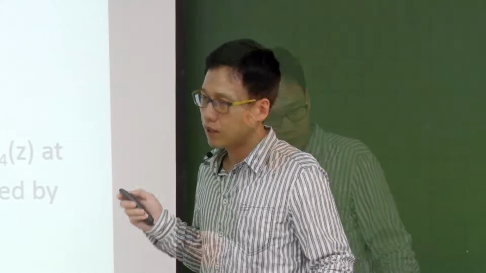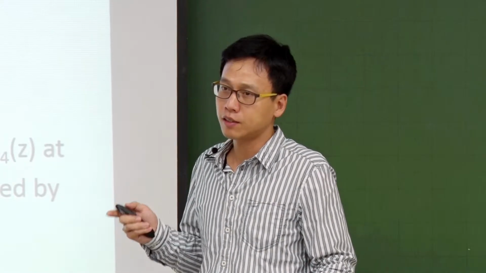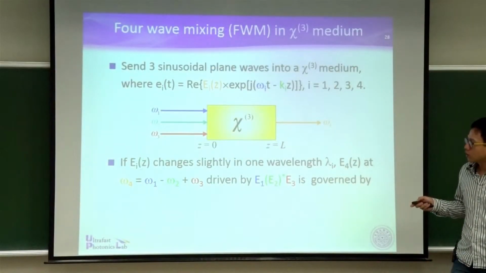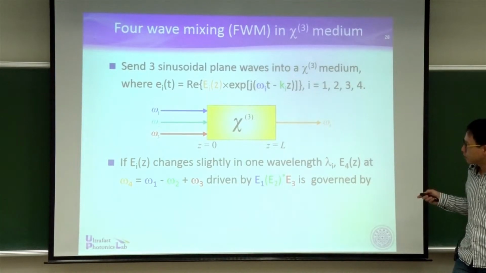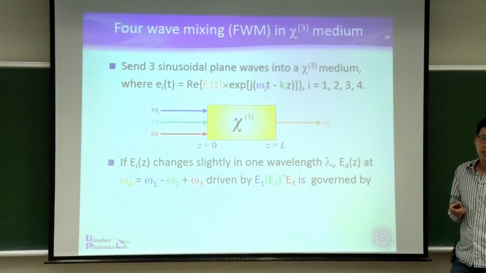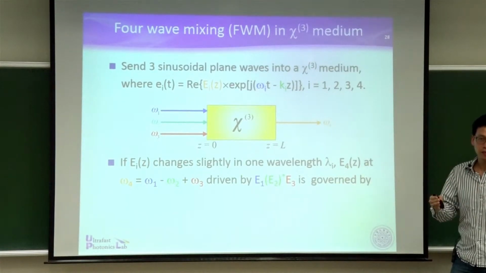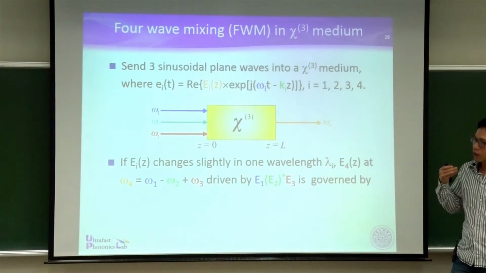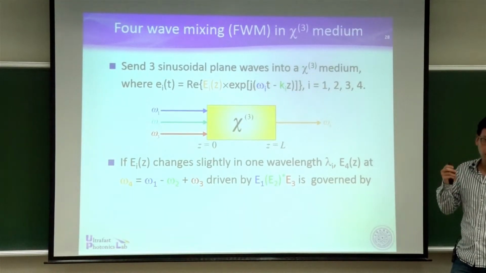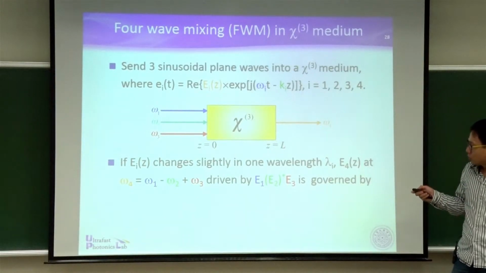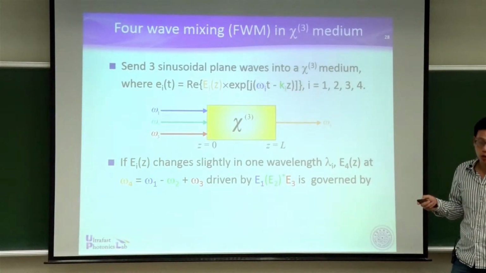Then we assume the nonlinear interaction is not too strong. That means all the phasors change slightly, at least within one wavelength. You can propagate with z, but within one wavelength, which is quite short, on the order of a micron usually, if we assume the percentage change of the phasor is quite small, then we can simplify the mathematical model.